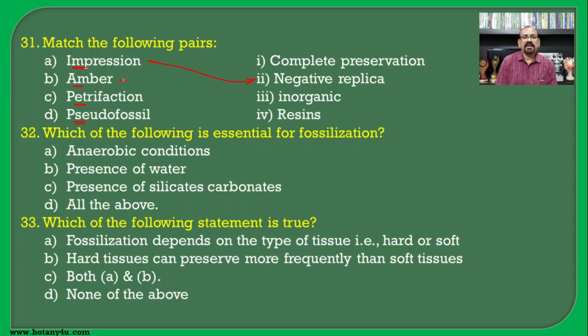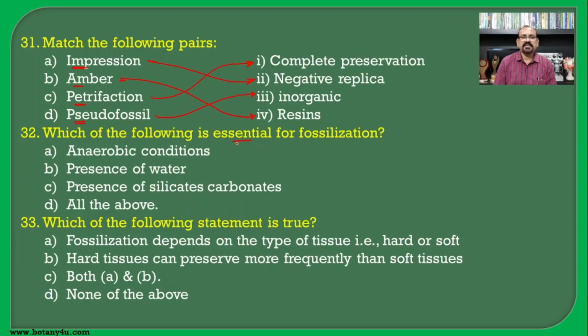Then amber is the fossil which is formed by the resins secreted by the conifers. Then petrifaction is the fossil having the complete external and internal details preserved, and the pseudofossils are completely inorganic in nature. So in this way they are correctly paired.